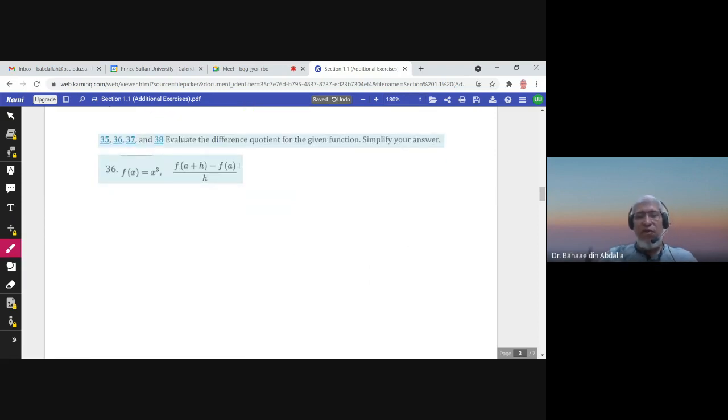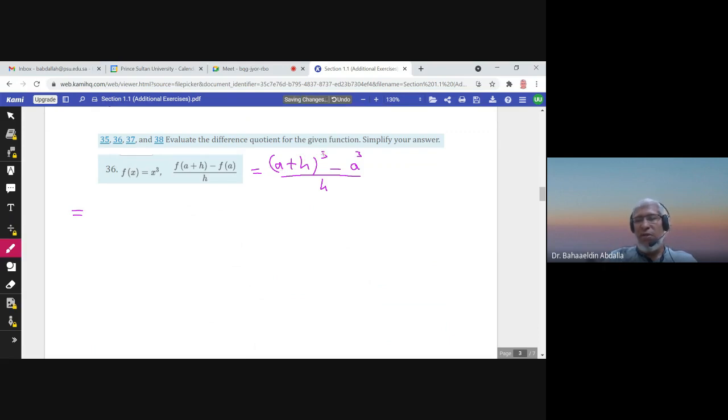Evaluate the difference quotient. So f of a plus h would be a plus h to the power 3, minus f of a, which is a to the power 3, over h.